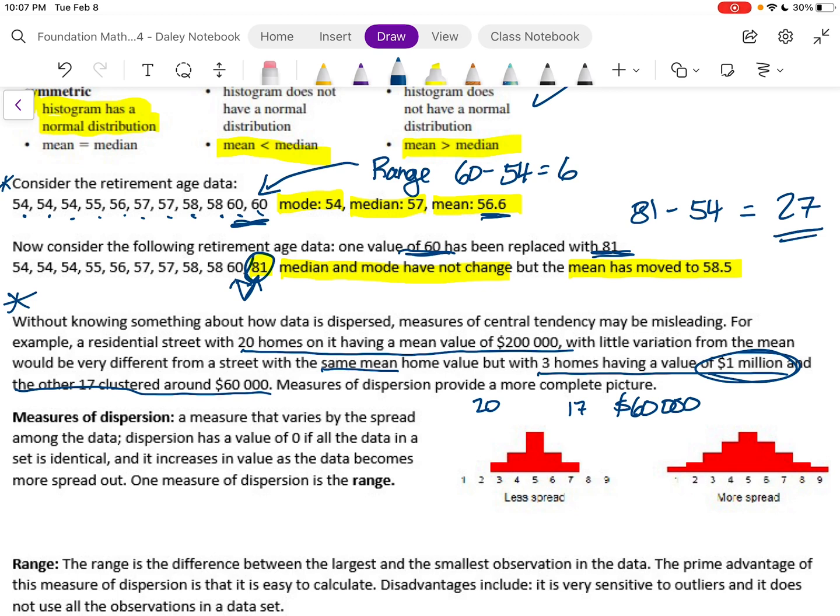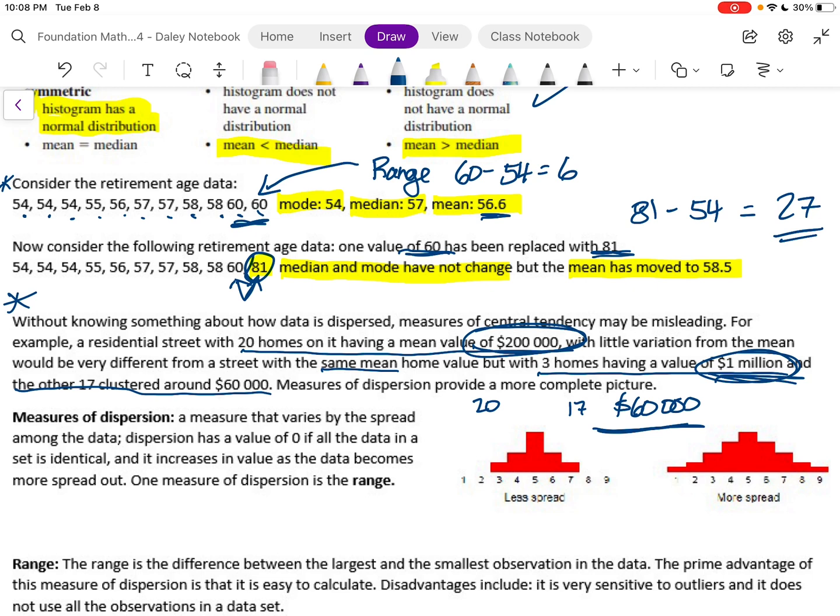So in our first example, if most of the houses are about $200,000, little less, little more, your mean is very, very accurate there. But the second example, if 17 of them are valued around 60,000 and 3 are valued at 1 million, that mean is not that accurate, right?